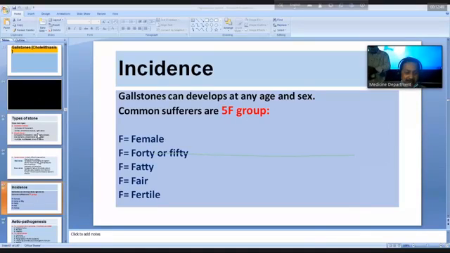And in each childbirth, there is stasis of the bile because of the partial paralysis of the smooth muscle of the bile duct and mechanical compression by the developing fetal head. So gallstone is much more common in these people: female, 40 or 50, fatty, fair and fertile.